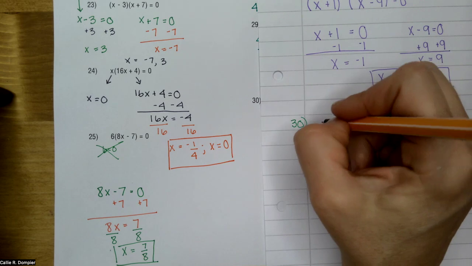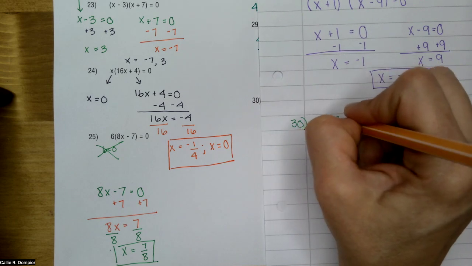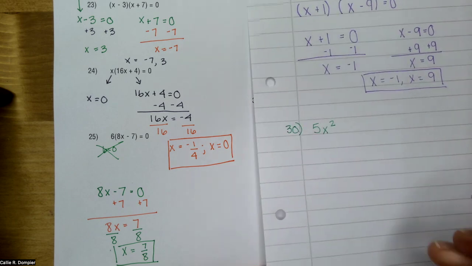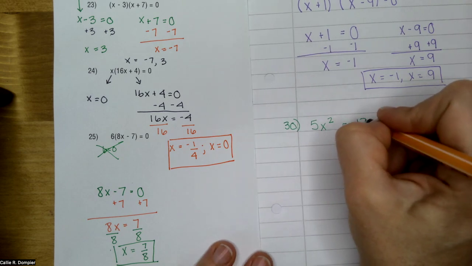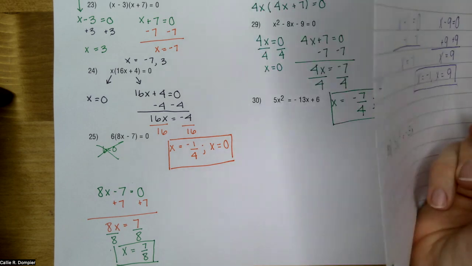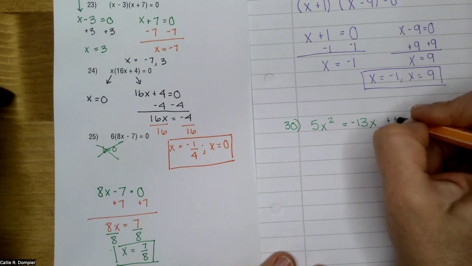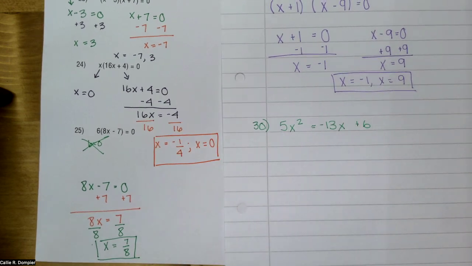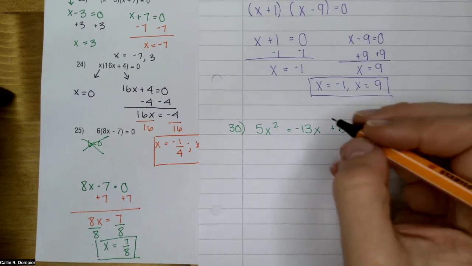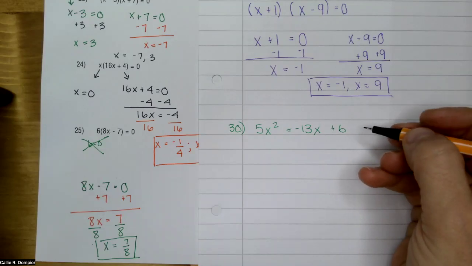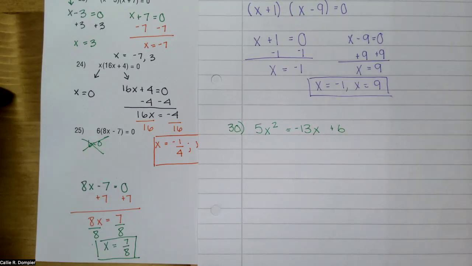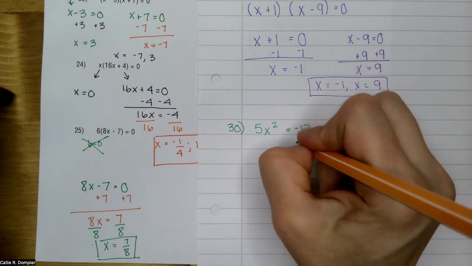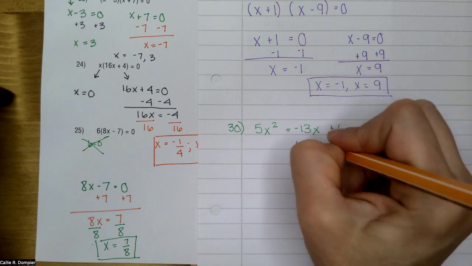We've got 5x squared equals negative 13x plus 6. Good. We want to set it equal to 0. So I'm going to move the 13x over and the 6 over. Why am I moving the 13x?